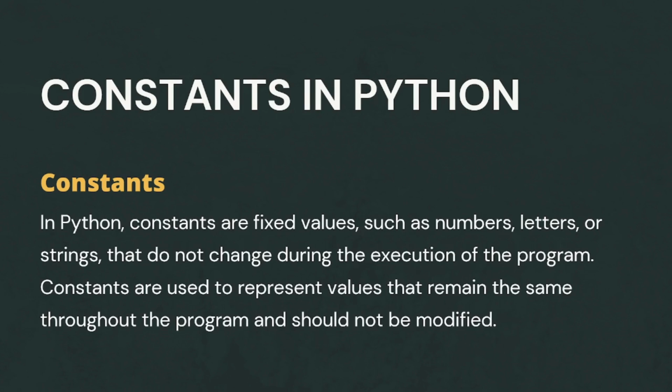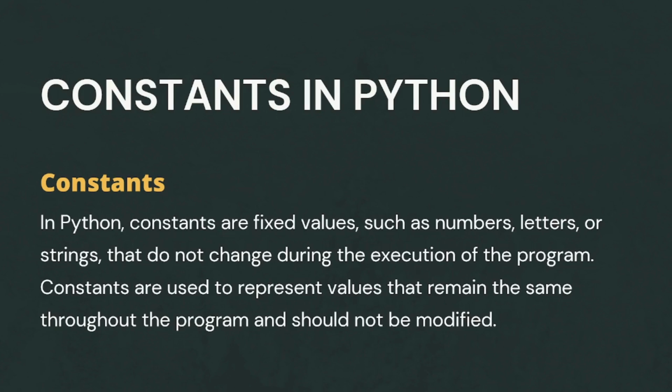For example, in maths we have a value called pi, right? The value of pi is 3.14, and you cannot change that value because it is already determined. So we can say that is a constant.